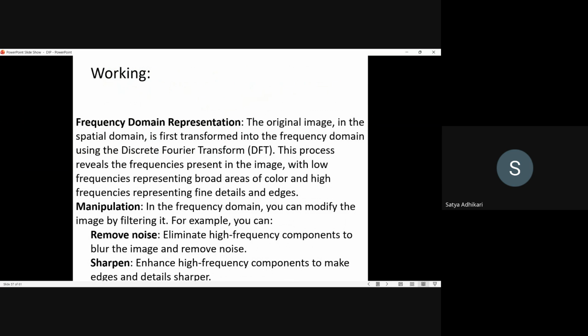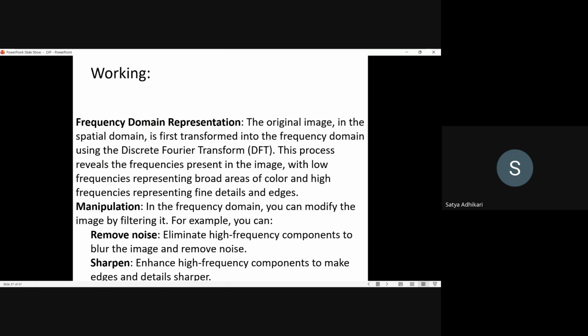Frequency domain representation. The original image, which is in the spatial domain, is first transformed into the frequency domain using DFT. You know that DFT converts the image from the spatial domain to the frequency domain.